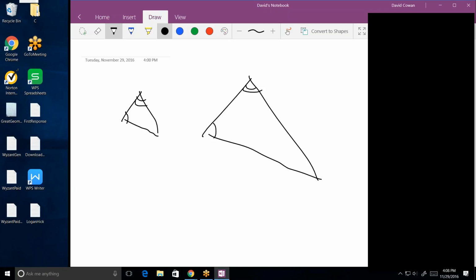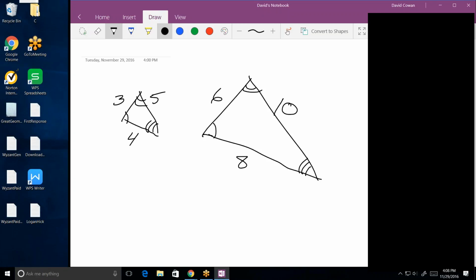And the beauty of similarity is that corresponding parts are proportional. In other words, if that is, we'll call it a 3, 4, 5 triangle, and I'll make this a 6, 8, 10 triangle. Let's talk about this a little bit, because this can be a little confusing. When I am talking about similar triangles, I can make a bunch of proportional statements here.